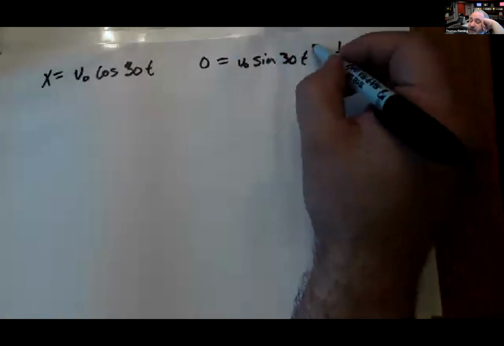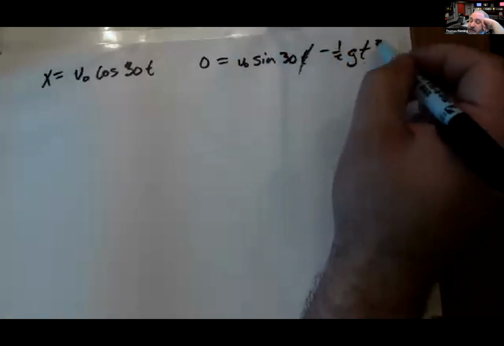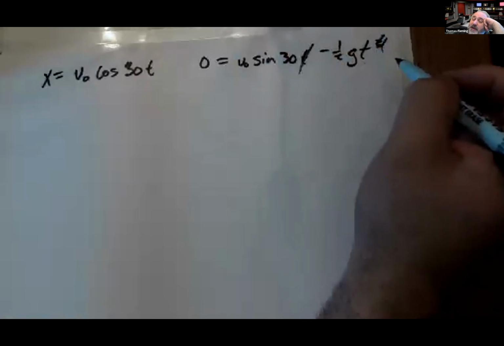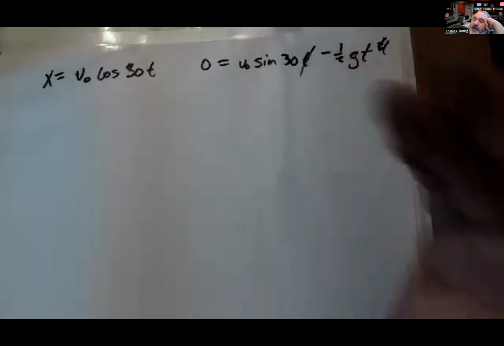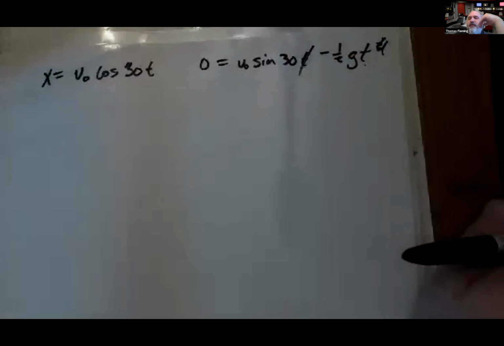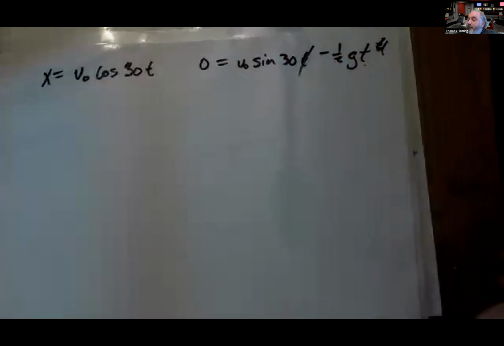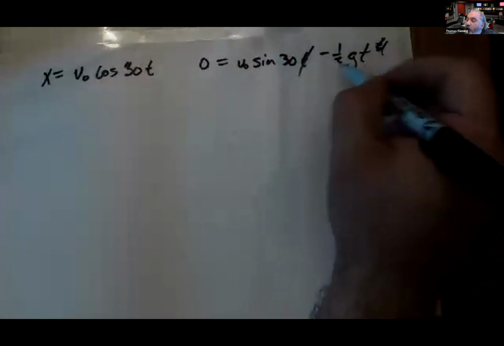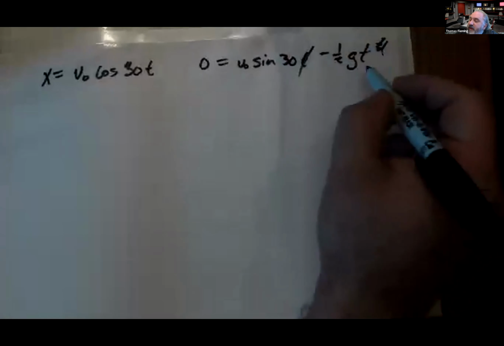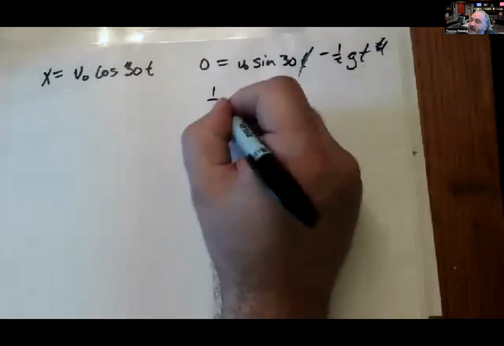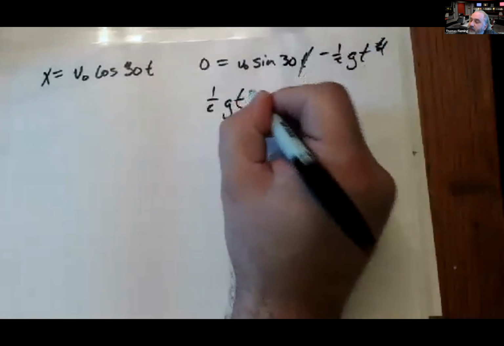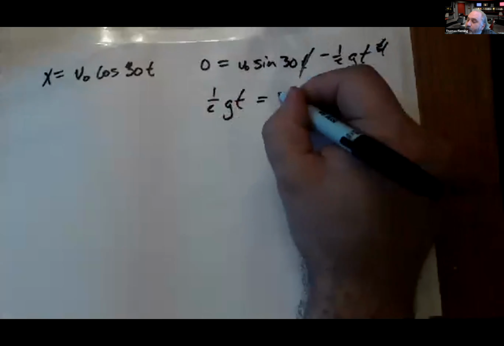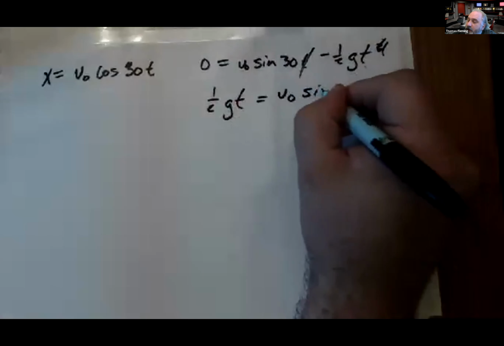This divided by t cancels that. This divided by t cancels one of those. Even though it's a quadratic, it's like a quadratic that factors, basically. I could just eliminate one of those values of t. Now I could solve this for t, move that over. I have 1/2 gt, not squared anymore, equals v initial times the sine of 30.